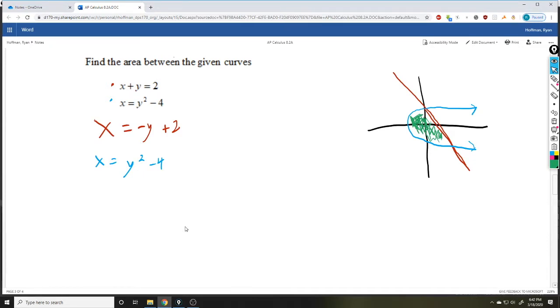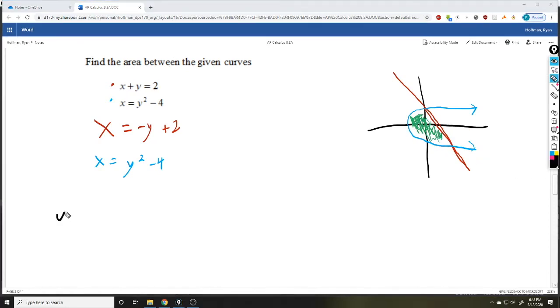Just to remind you what we're looking at, our idea is to get the top curve minus the bottom curve. Or since we have x in terms of y this time, so we solve for x, now we want the right curve minus the left curve. Okay, and so hopefully it's pretty clear that here's your right curve and here's your left curve.